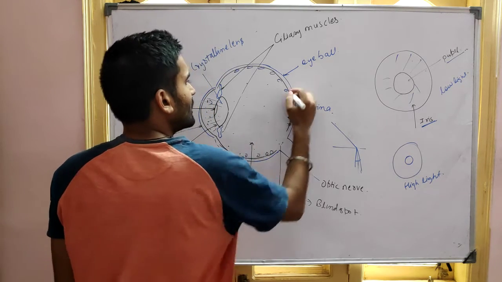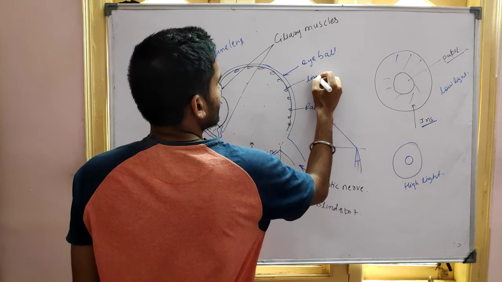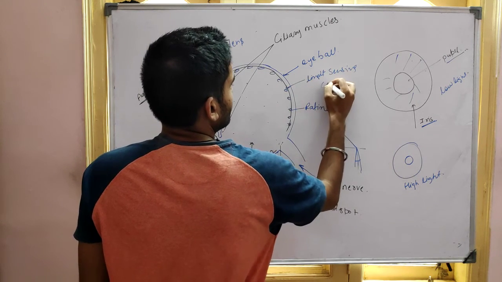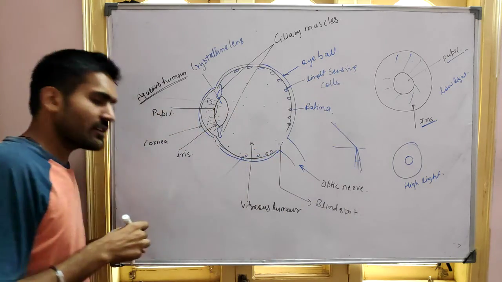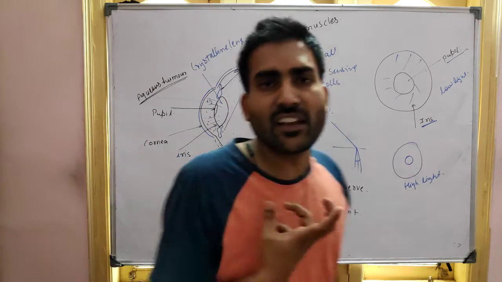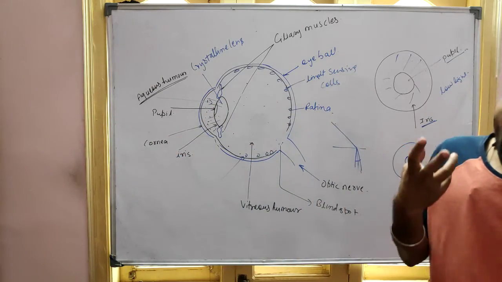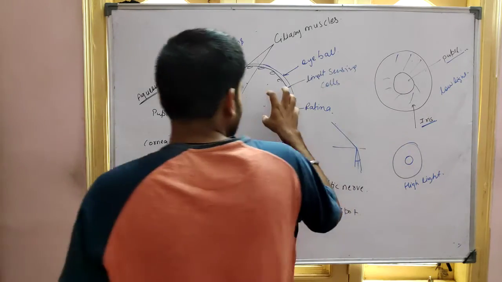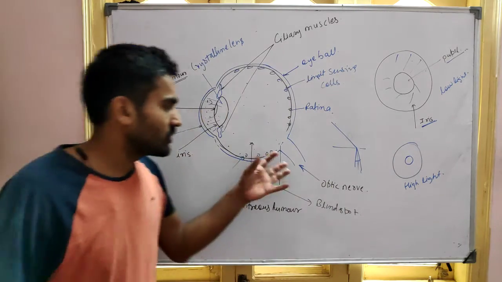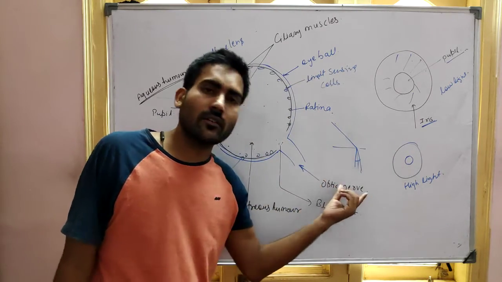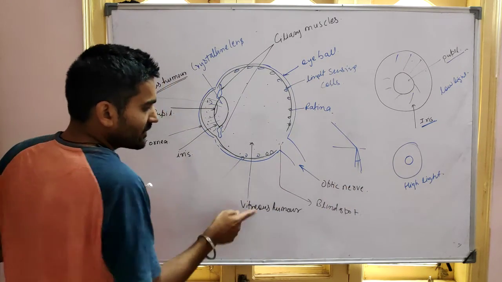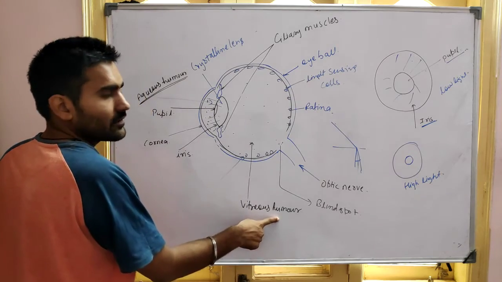These cells, whenever the light falls on them, will convert the light into an electric signal, and this electric signal is sent through the optic nerve to the mind. Okay, and this is called vitreous humor.